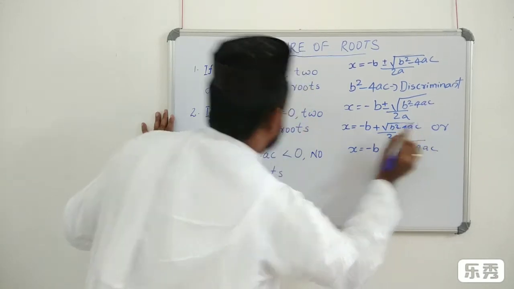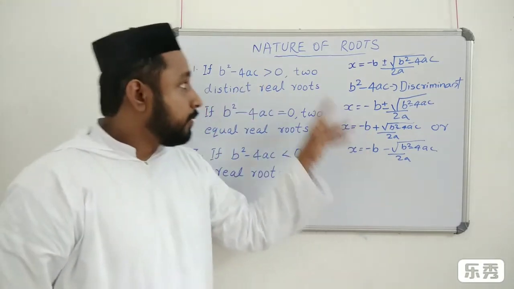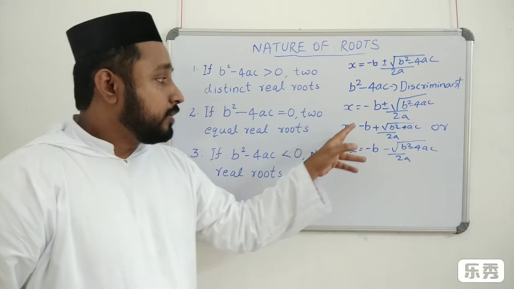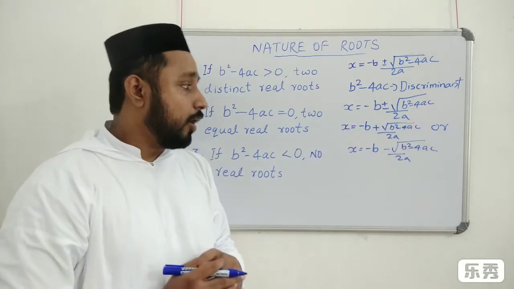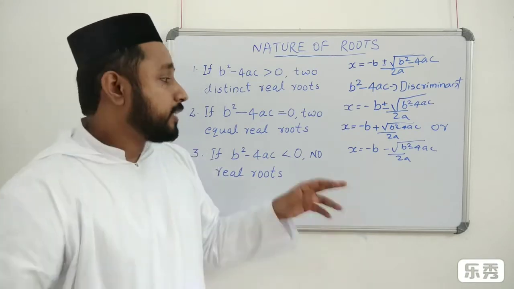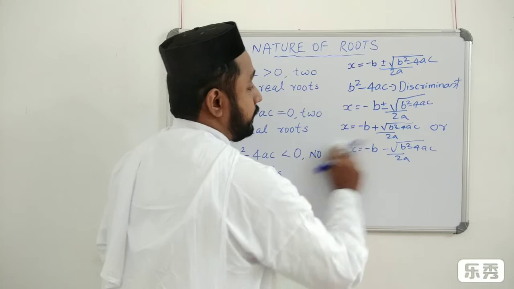So if b² − 4ac > 0, there are two roots, and both roots are real.